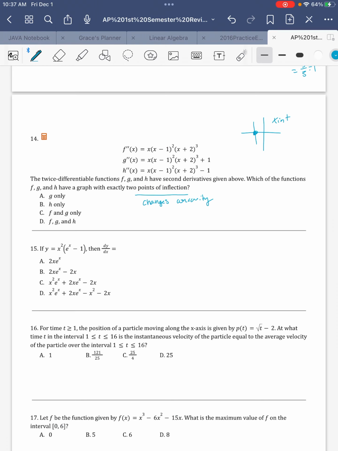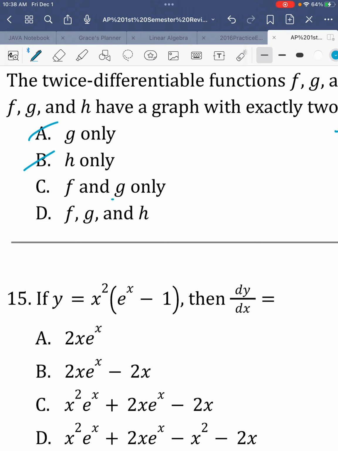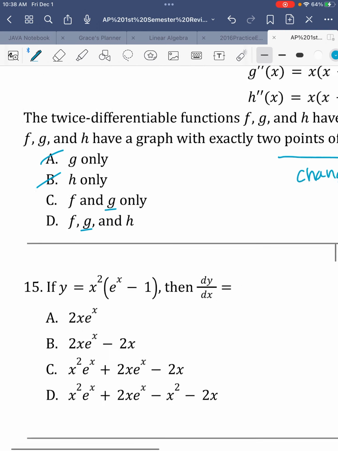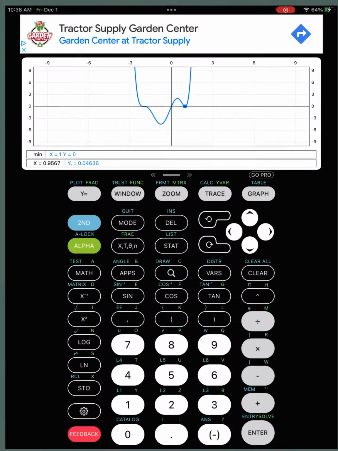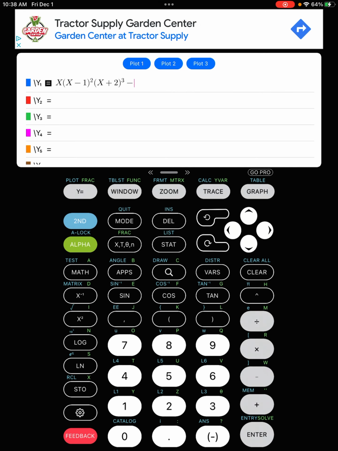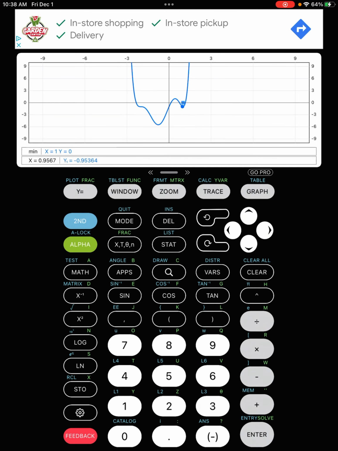So F is one of our answers, so I can go ahead and get rid of A and B. So now, looking at my answer choices, apparently G is for sure going to have 2 points of inflection, just based on the fact that it's in both answers. So all I need to worry about checking is H. So I need to go and graph H, and I notice that the only difference between F and H is the -1 at the end. So that's all I'm going to change in my equation, is I'm going to stick a -1 at the end.